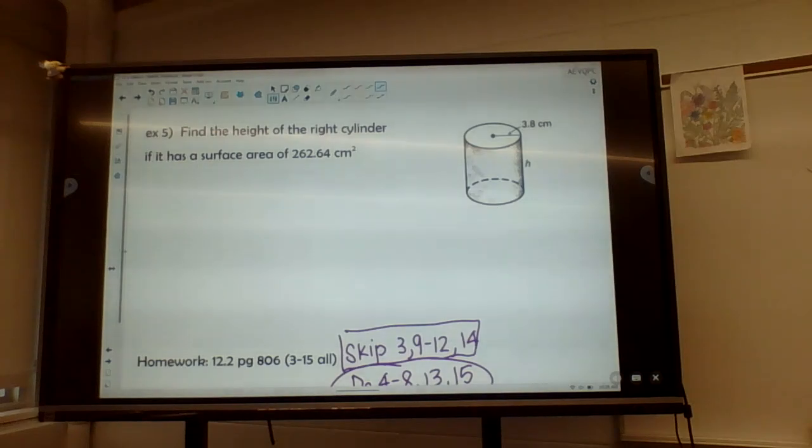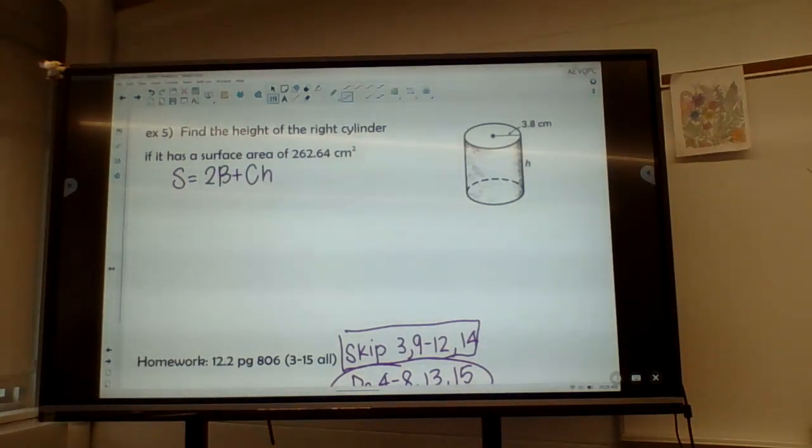In this next one, they don't tell us the height, but they tell us the surface area and the radius. So I'm going to fill in what I can figure out. Surface area is 2b plus ch. We don't know h, that's missing. But b is the area of the base, which I can figure out as pi r squared.